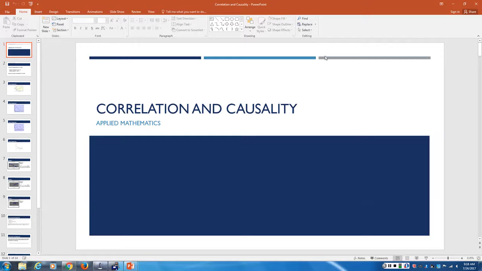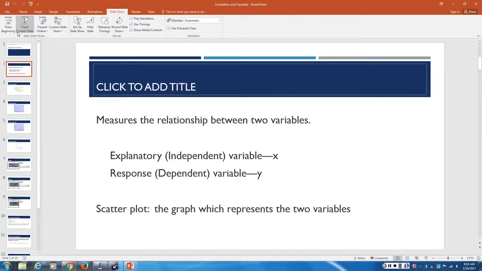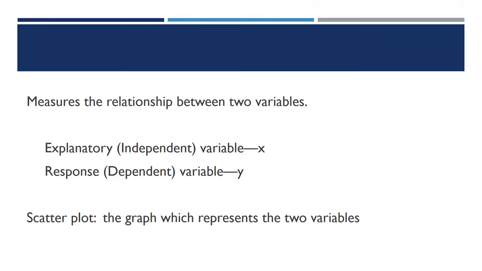Okay, so let's talk about correlation and causality. There is a difference between the two words. Correlation comes from relationship. Co indicates that there's two involved in the relationship.